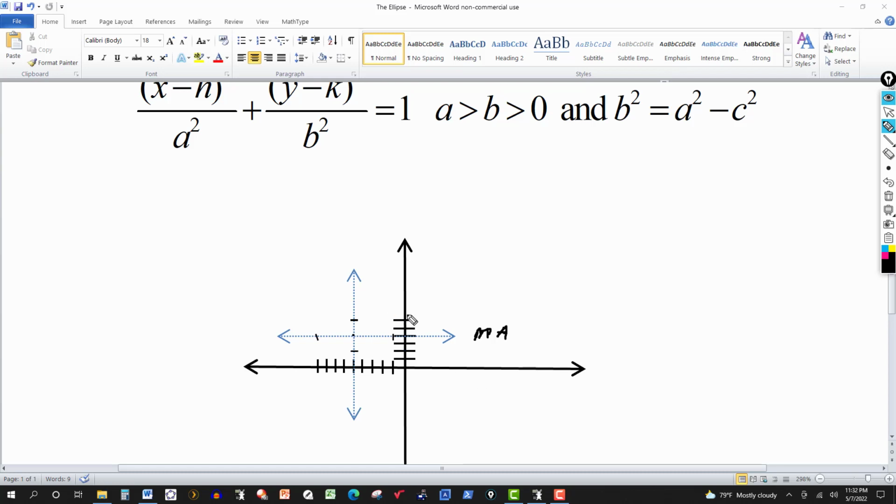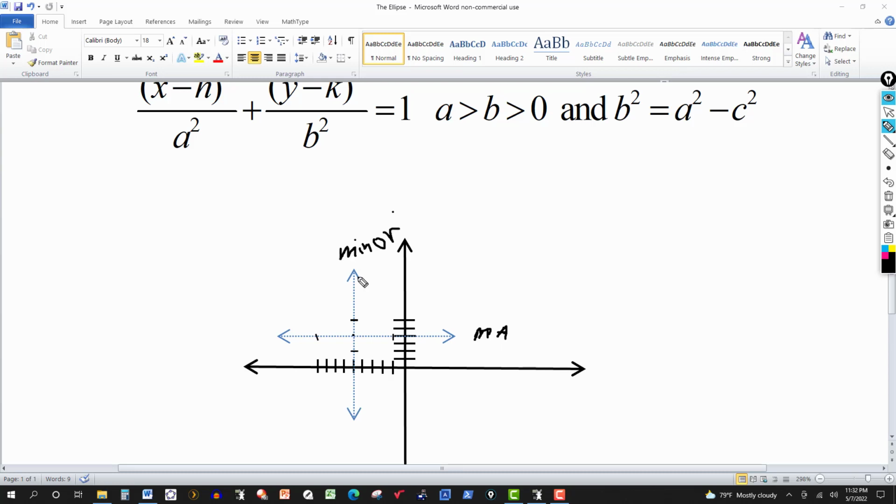Had the center been at the origin, then the major axis would be the x-axis. And the y-axis would be your minor axis. But in this case, the center is not at the origin, it's over here at -5, 4. This is your major axis, so in this case, this is your minor axis.